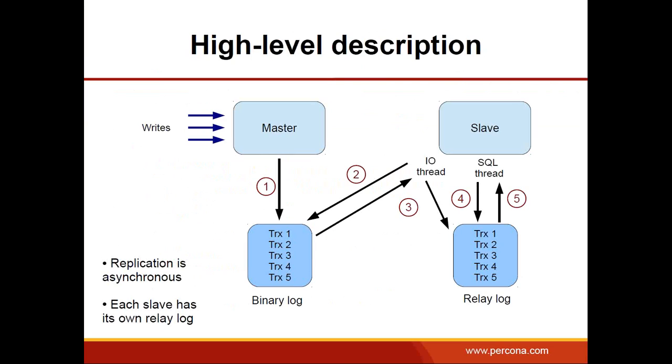And here we have seen the picture for one master, one slave. If you have several slaves, each slave will have its own relay log. So the mechanism of the IO thread requesting the contents of the binary log will be duplicated for each slave. So each slave is really independent from the others.